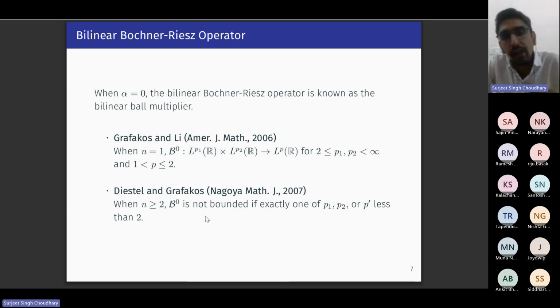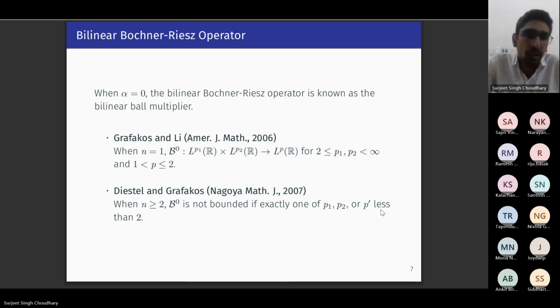And in higher dimension, Diestel and Grafakos gave an example which says that it is not bounded if exactly one of the exponents p1, p2 or p' is less than 2. But there are no positive results yet in higher dimension.